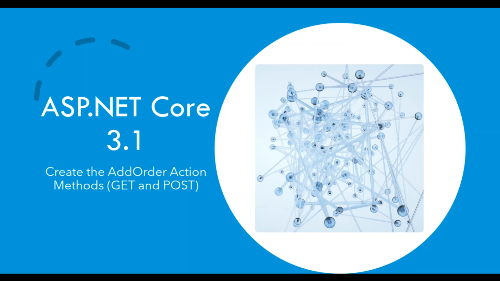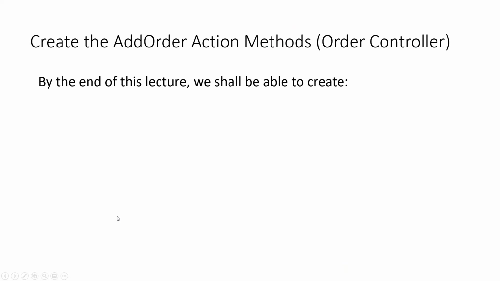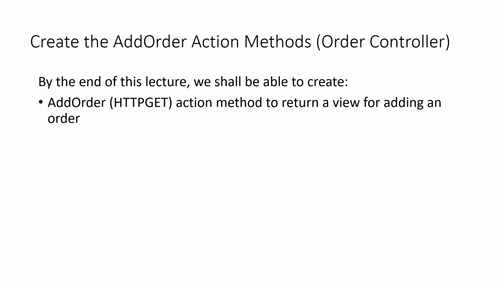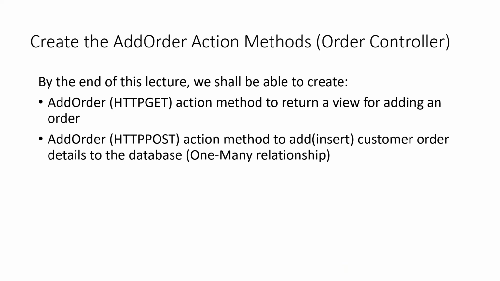And let's switch over now to the learning outcomes of this video. Like we did for the add customer action methods in the customer controller, now we are going to repeat the same process in the order controller. So by the end of this lecture, we shall be able to create an AddOrder HTTP GET action method to return a view for adding an order, and an AddOrder HTTP POST action method to add a customer's order details to the database.